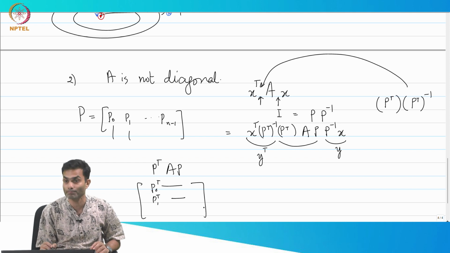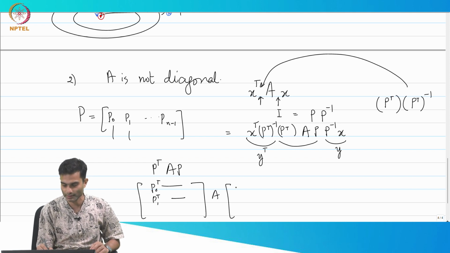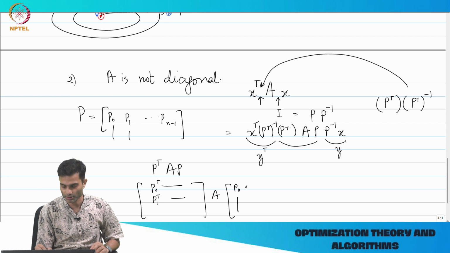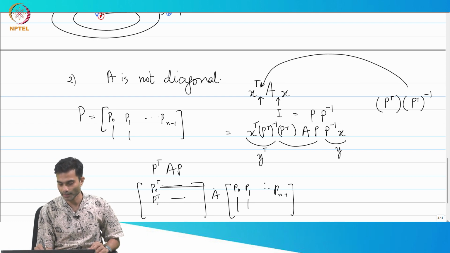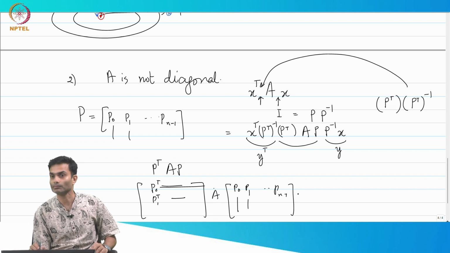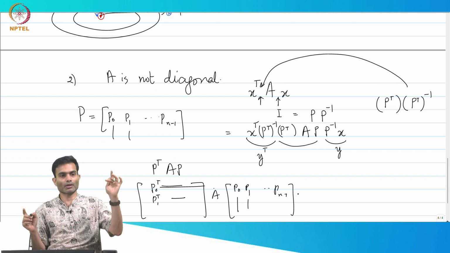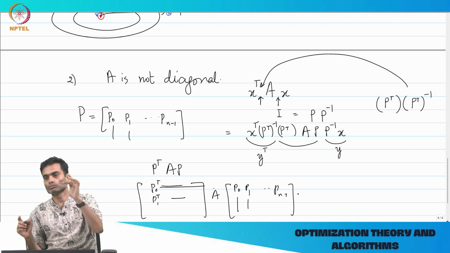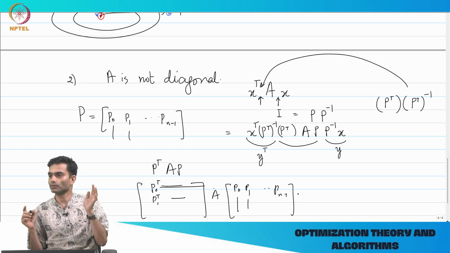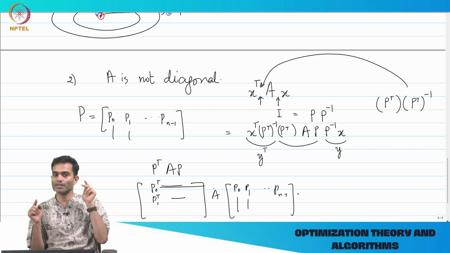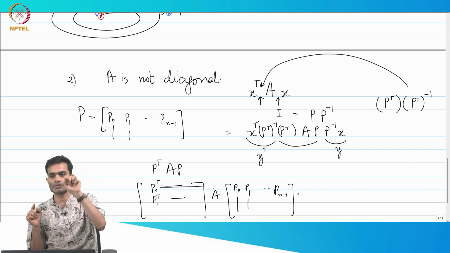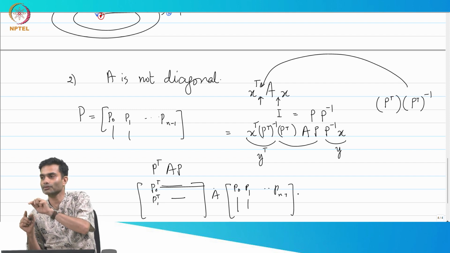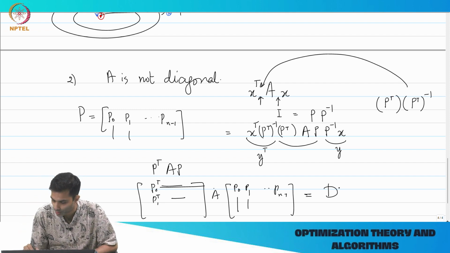This is my P transpose, this is my A, and this is my P0 this way, P1 this way up to Pn minus 1. So when I multiply by A and any other column, I'm going to get 0. P0 transpose A P2, what is it? 0. The only term that is going to survive is P0 transpose A P0, that's 1 1. Similarly, P1 transpose A P1 is the only term that survives. So this is actually going to be a diagonal matrix.